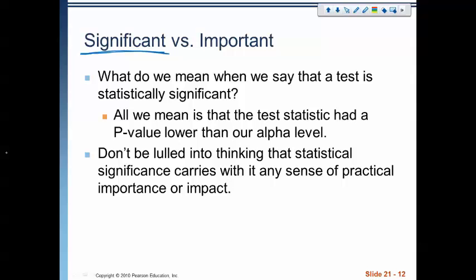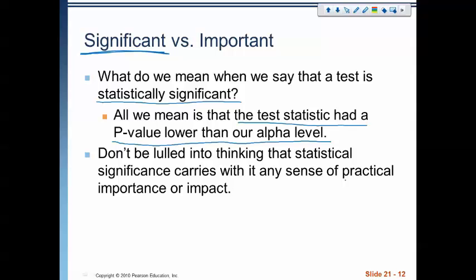Significance: what do we mean when we say that a test is statistically significant? In the last video, what we said was that statistically significant means that the test statistic had a p-value lower than our alpha level. Being that that's the definition of significance, we have to remember a couple of really important things.